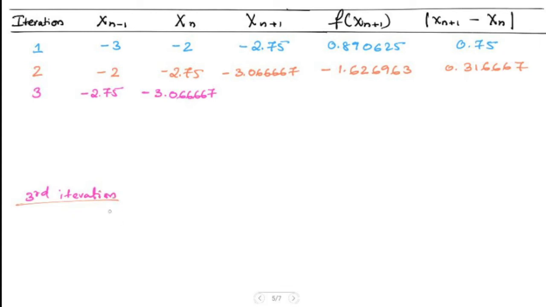So again, the formula is xn plus 1 is xn. So our xn now is minus 3.066667.